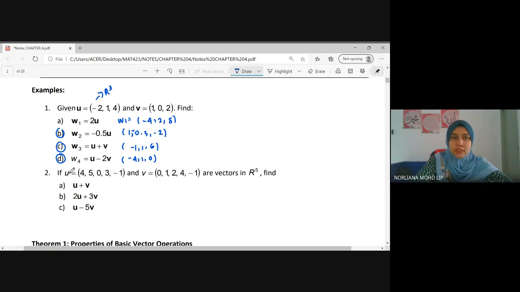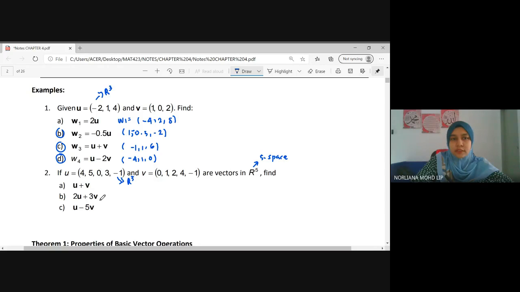Same as example 2. This one is a vector in five space, so R to the power of 5. We use the three operations to solve this. This one is vector addition.